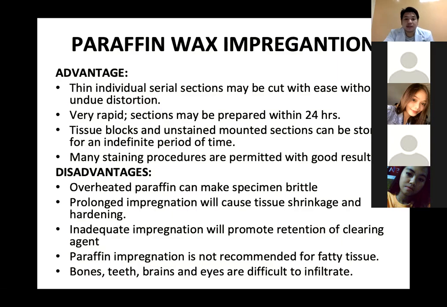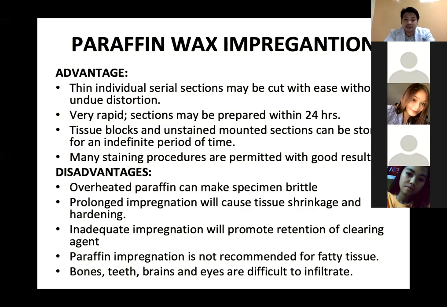Many staining procedures are permitted with good results, but paraffin wax also has some disadvantages. Overheated paraffin can make the specimen brittle. Prolonged impregnation will cause tissue shrinkage and hardening, that's why it is timed. Inadequate impregnation will promote retention of the clearing agent.